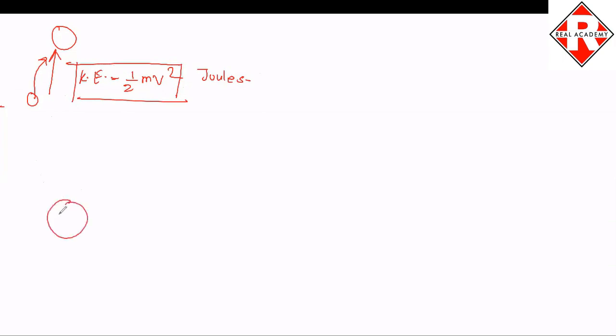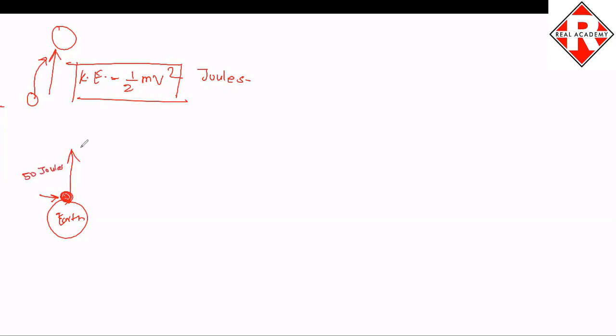Again, this is our Earth, right? We are over here. If I throw this object, I am transferring, I'm throwing this ball upwards, and I applied some 50 joules of kinetic energy.